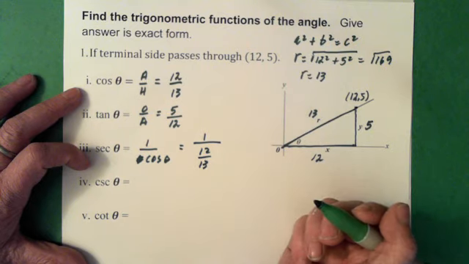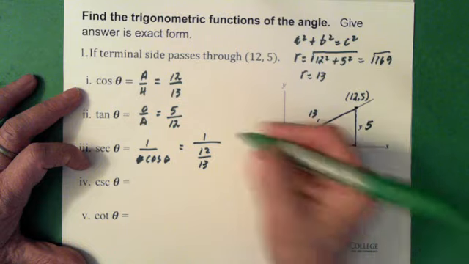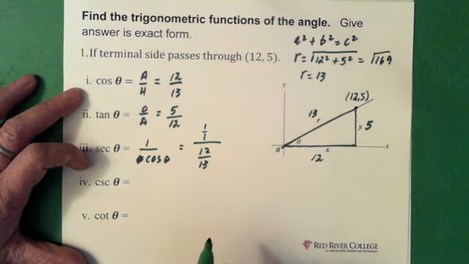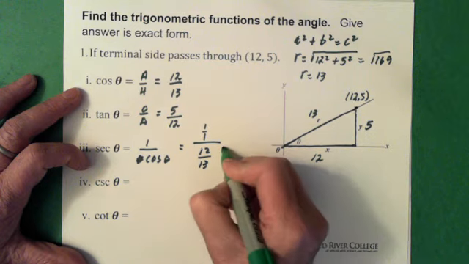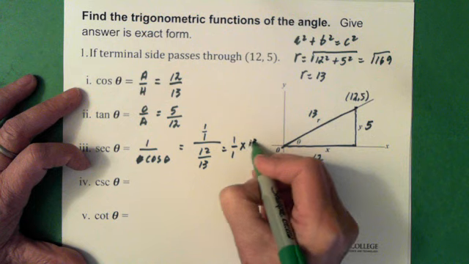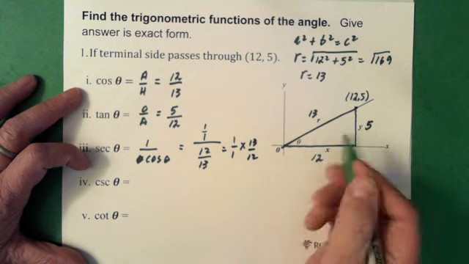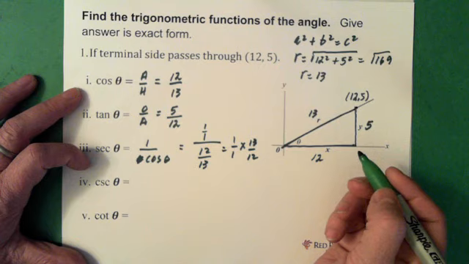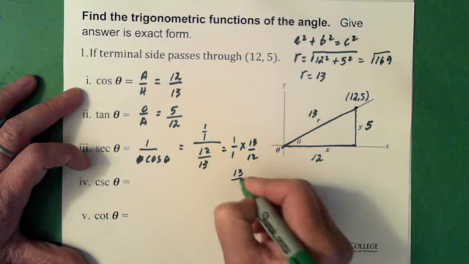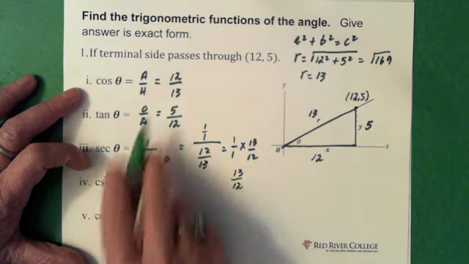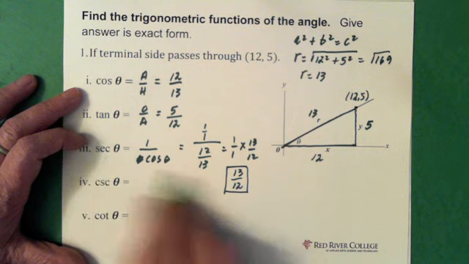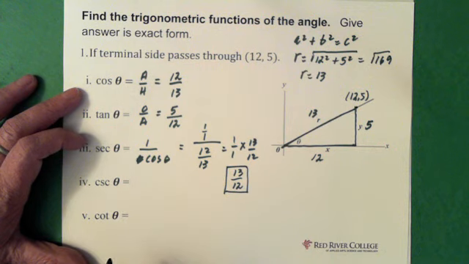Here we have the division of two fractions, essentially 1 over 1 divided by 12 over 13, which ends up being 1 over 1 times 13 over 12, which is 13 over 12. So basically it's just the flip of this. That's the secant, 13 over 12.